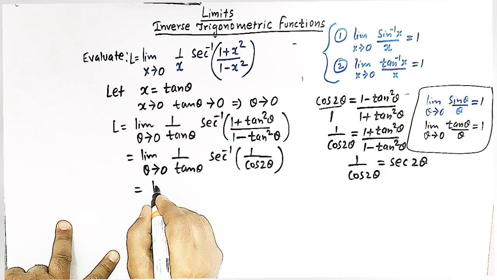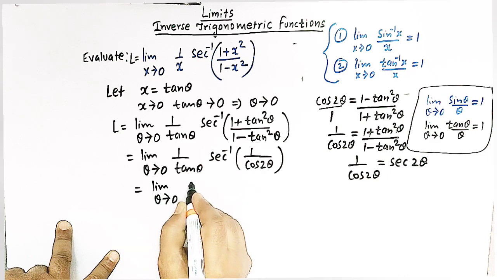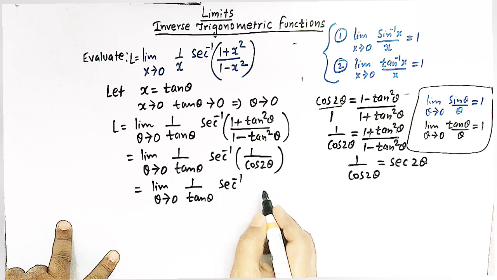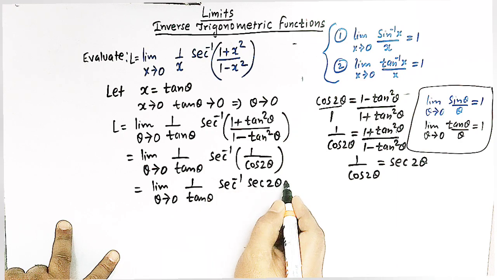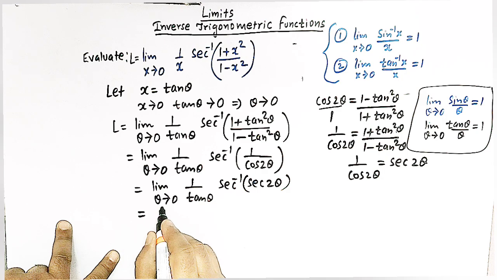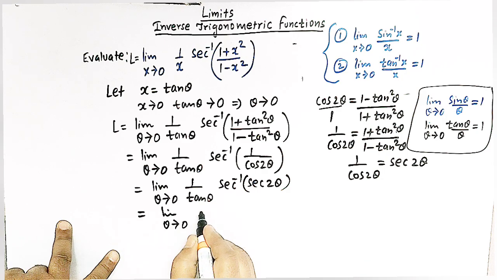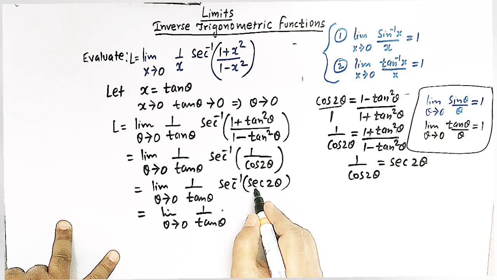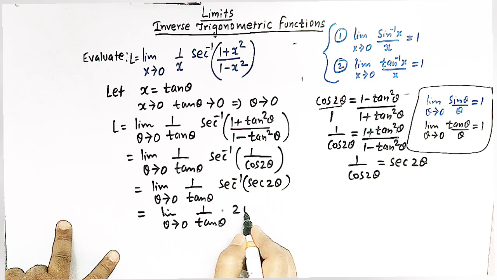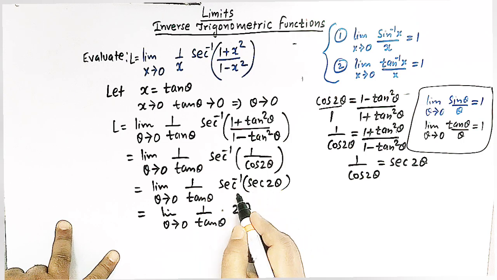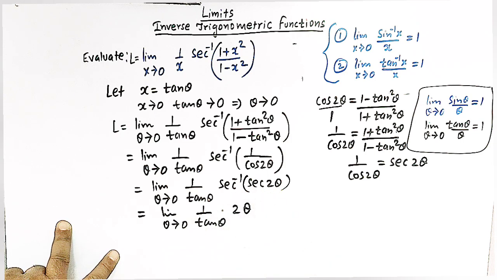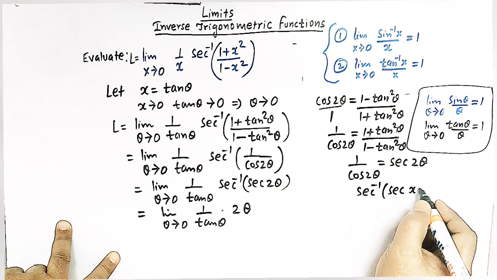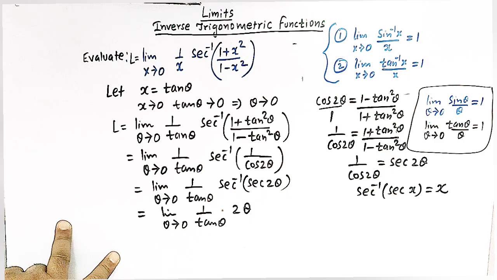So now we have limit theta tends to 0, 1 over tan theta, and here we have secant inverse secant 2 theta, which is simply 2 theta by using the properties of inverse trigonometric functions, right? So secant inverse secant x is equal to x, right?